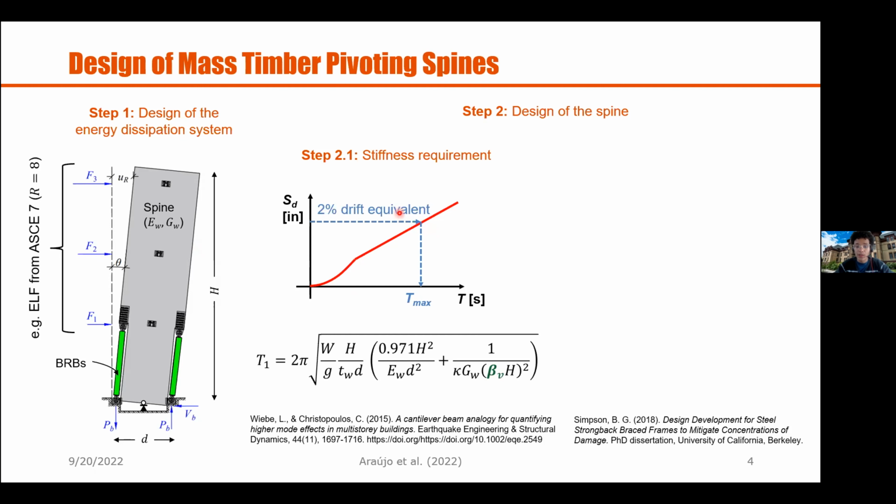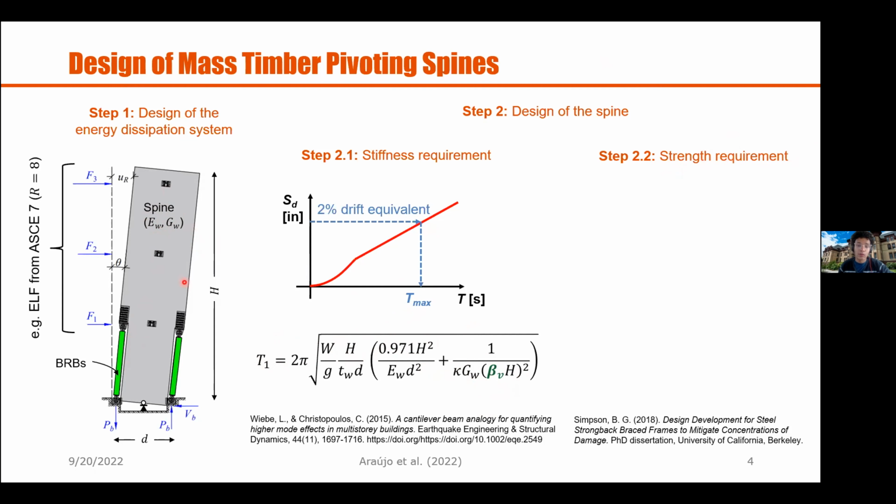Then we propose an equation that employs the material and geometrical properties of the spine and the BRBs to determine the period of the structure, such that the design can be done very quickly without a numerical model.